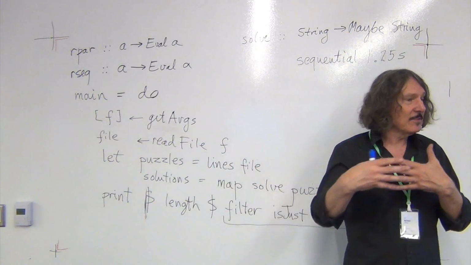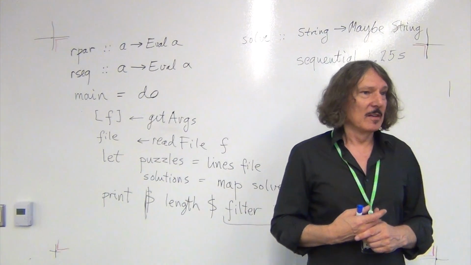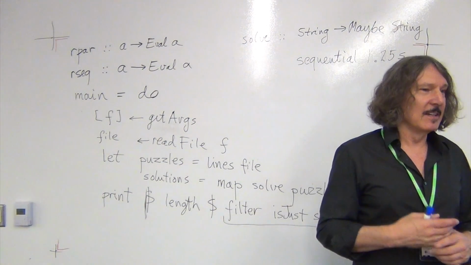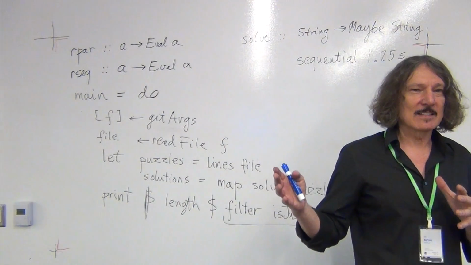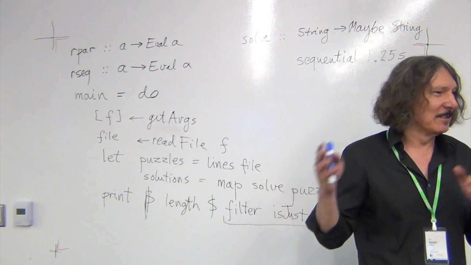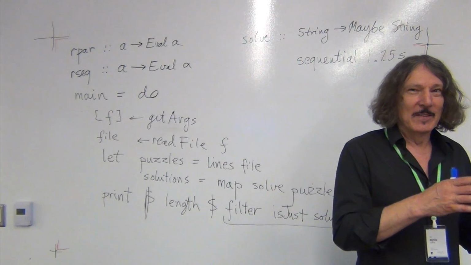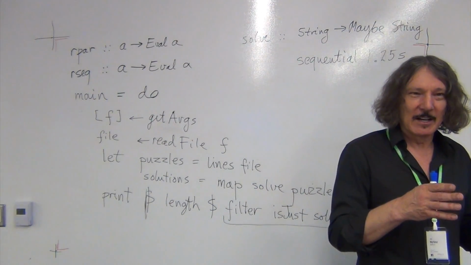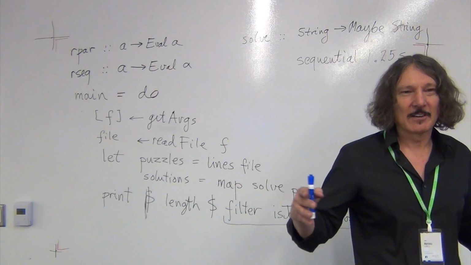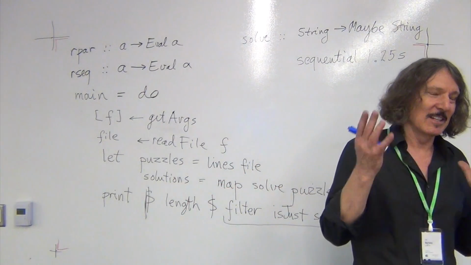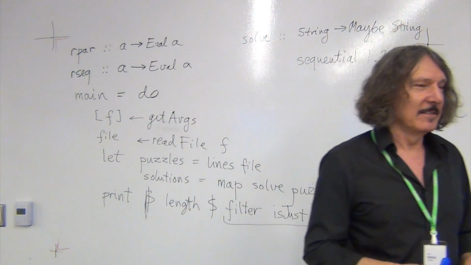Okay? And that gives you some parallelism, but it so happens that the second list has harder puzzles than the first half. So you get some parallelism until you run out of the first half, and then the second half continues on a single processor. So that's kind of not very good.